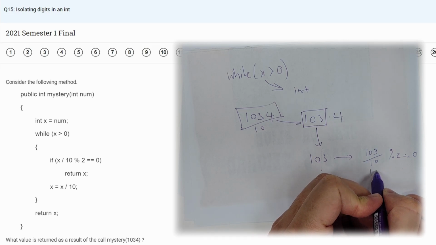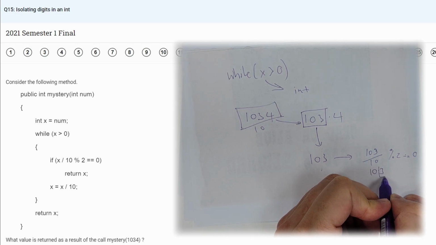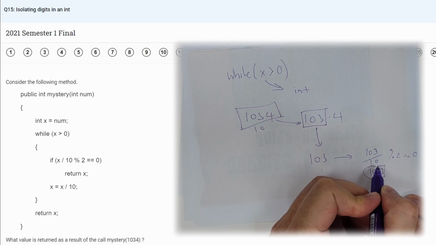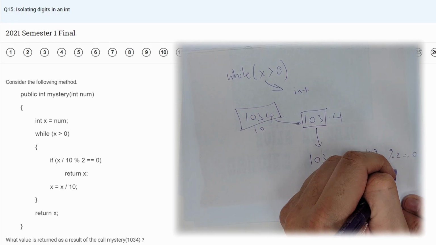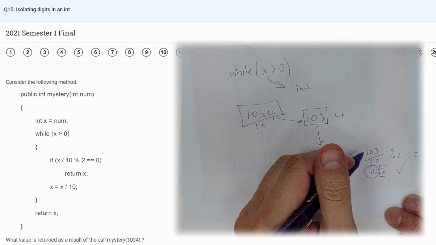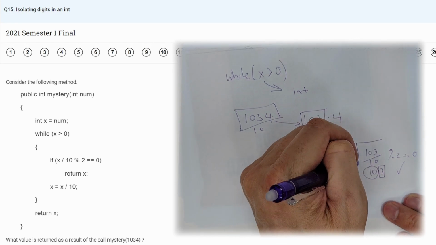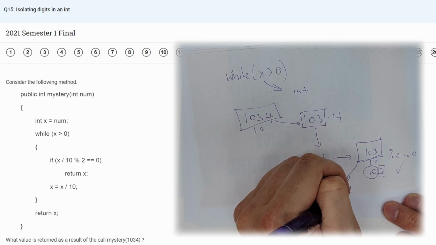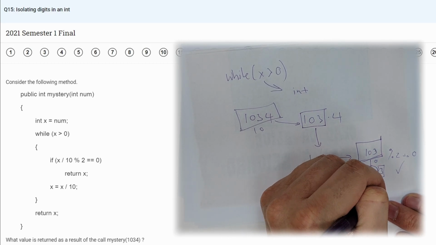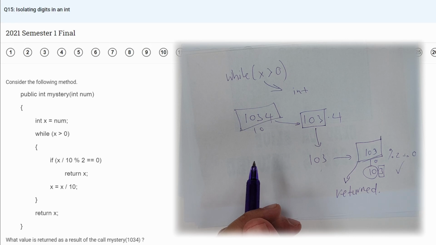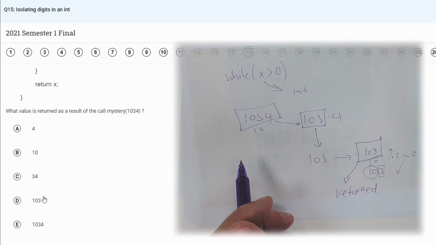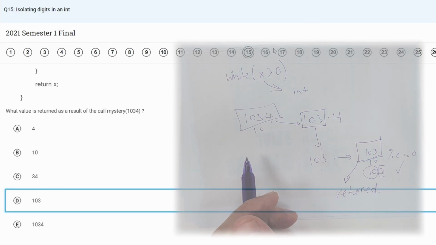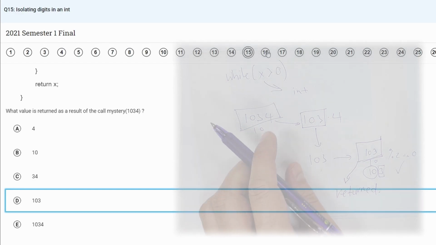So this becomes 10.3, which we ignore. So it becomes 10. Modulus 2 is 0, yes. Then we return x. So we still have x as this value. So 103 will get returned. So therefore, our answer is 103. Okay.